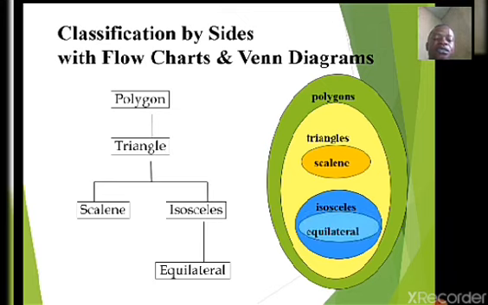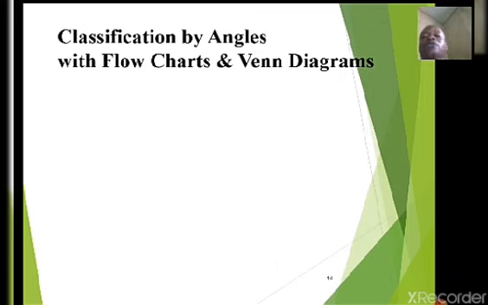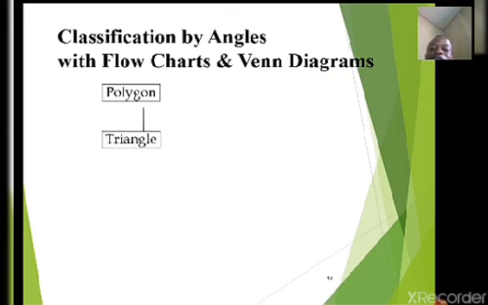So now let's quickly move on to classification based on angles, and the flow chart of that is given below. We have polygon, the general name, then triangle being a subset, then under triangle we have right angle triangle, of course, one and only one angle is 90 degrees.